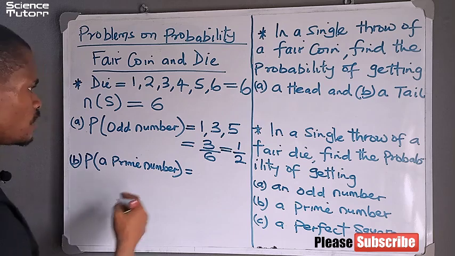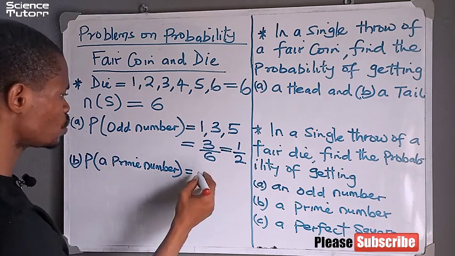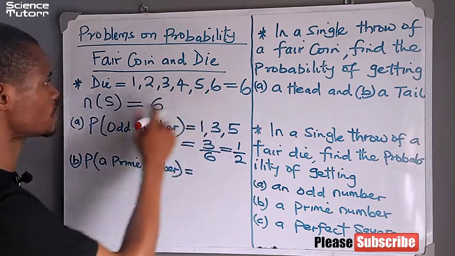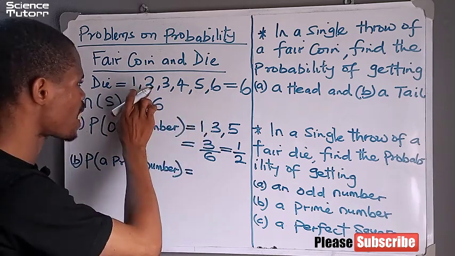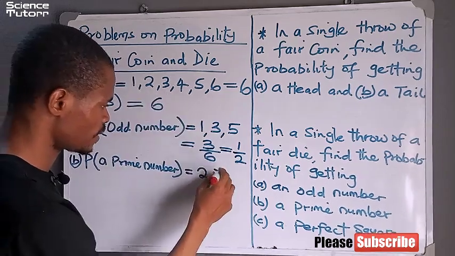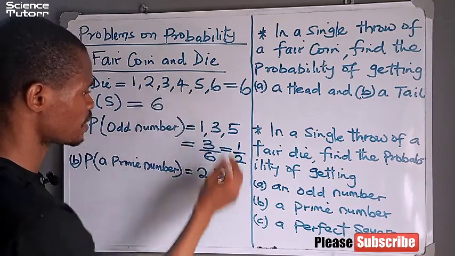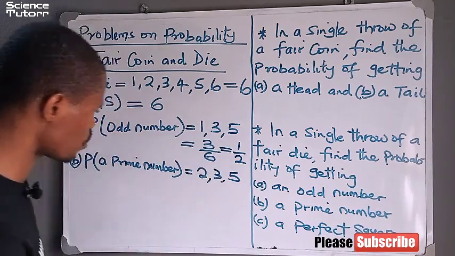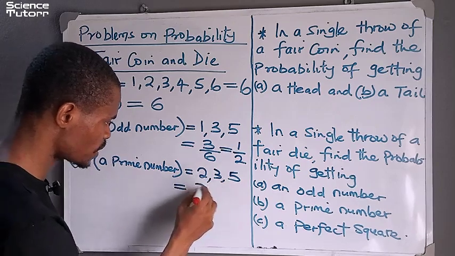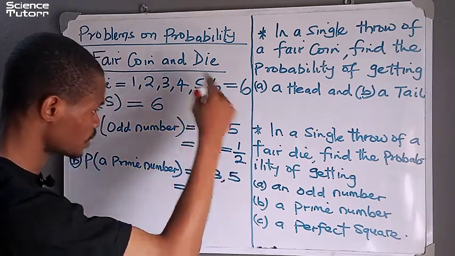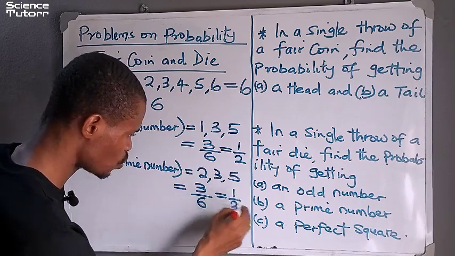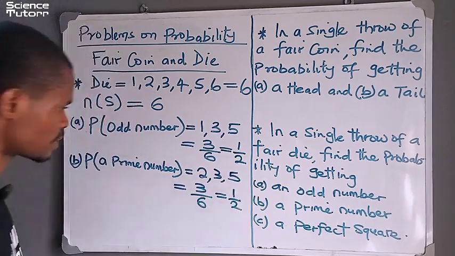So we list the prime numbers from 1 to 6. 1 is not a prime number, so we have 2, which is a prime number, 3 is a prime number, and 5 is also a prime number. When counted, we have 3 out of the sample space 6, and that makes 1/2 when reduced to the lowest term.